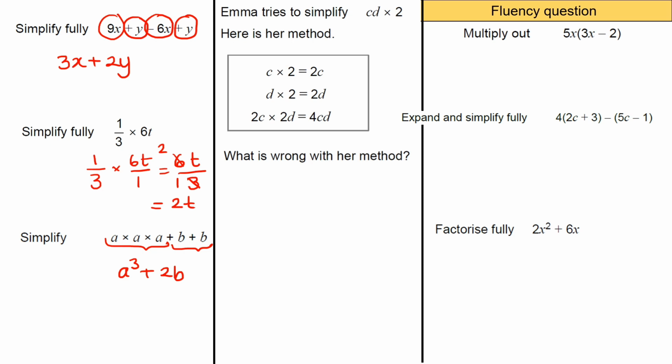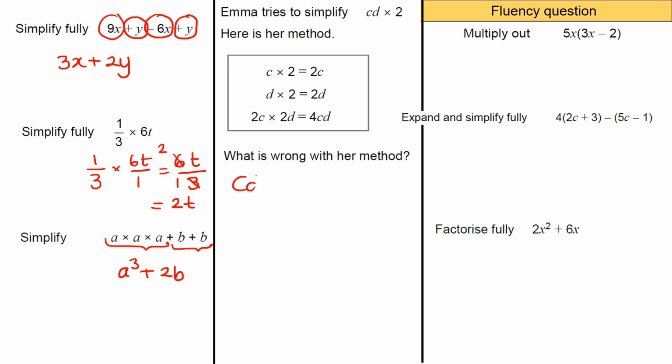So Emma tries to simplify CD times 2. Here is her method. C times 2 is 2C, D times 2 is 2D, 2C times 2D is equal to 4CD. What is wrong with her method? Well, she multiplied C and D separately with 2, so she can't really do that.